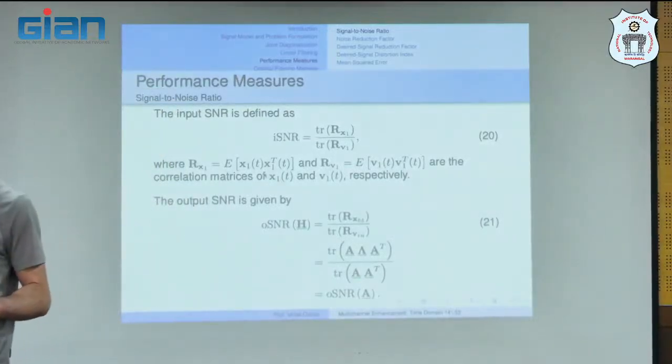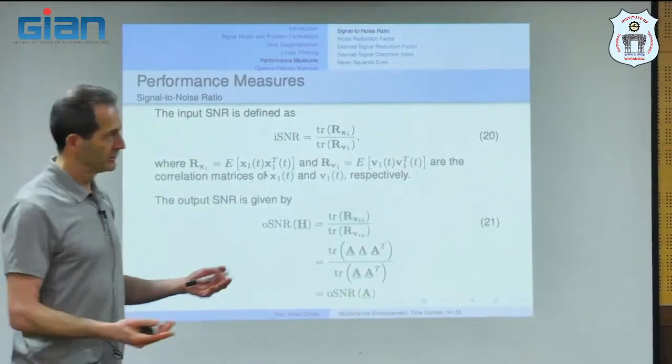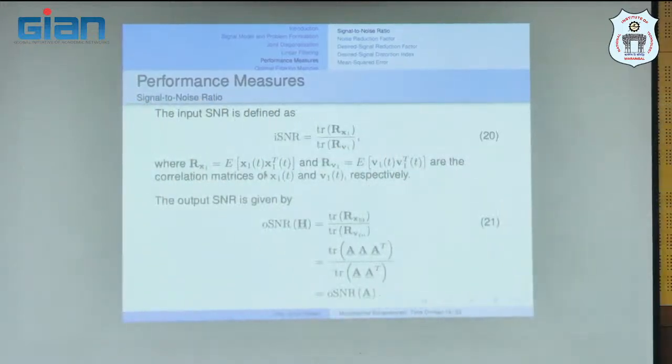Can somebody remind me what array gain is? Okay, it is the improvement of the signal to noise ratio at the output of the array processing, compared to the input SNR in the single channel, in the reference sensor. Okay? So this is the array gain.